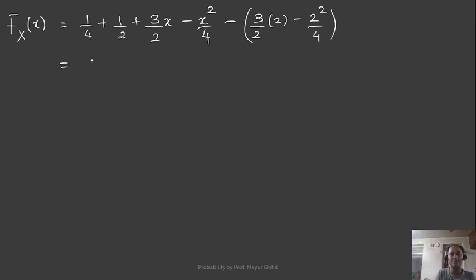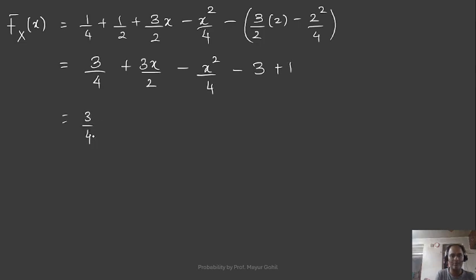Okay, so now this is 3 by 4 plus 3x by 2 minus x square by 4 minus 3, and here it is plus 1.